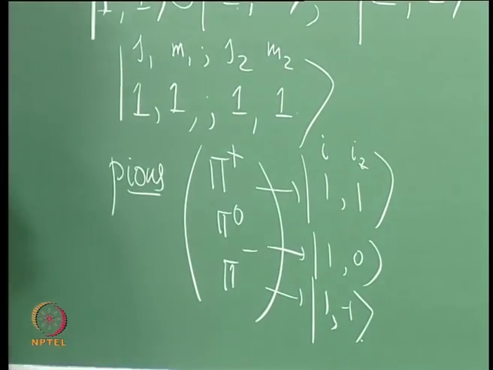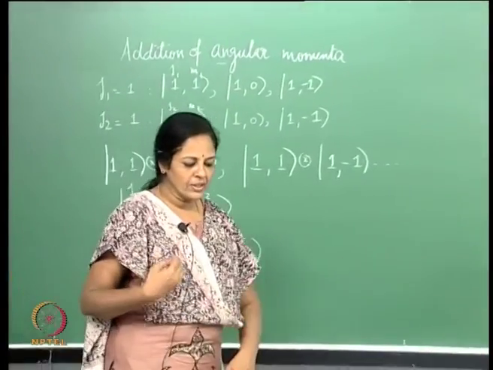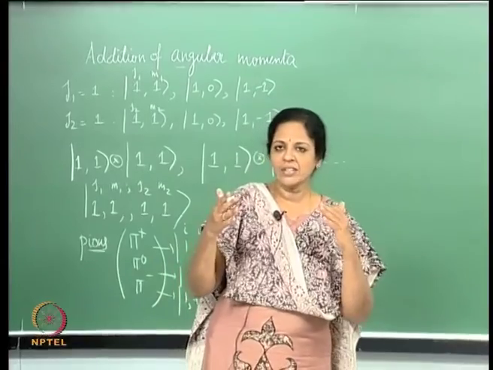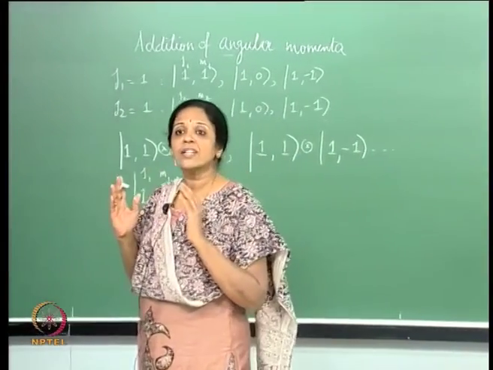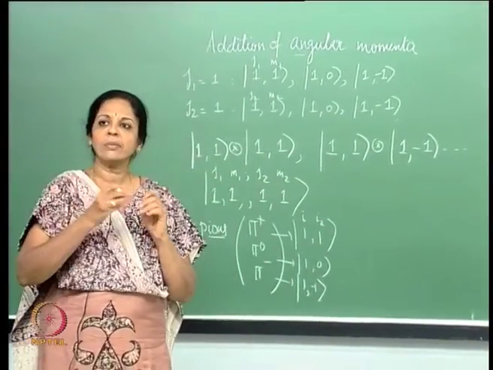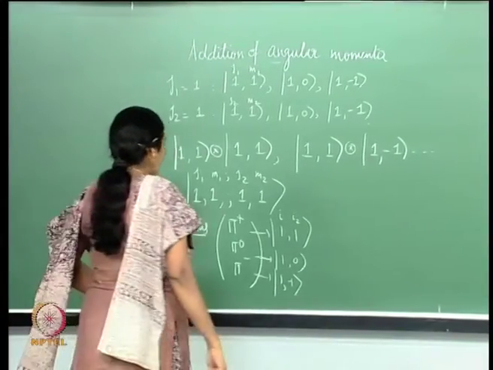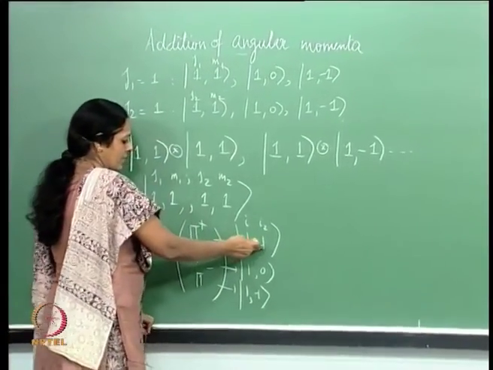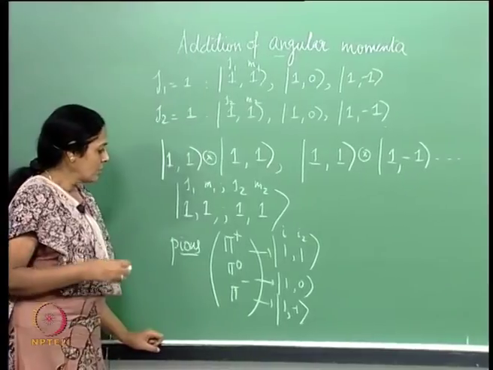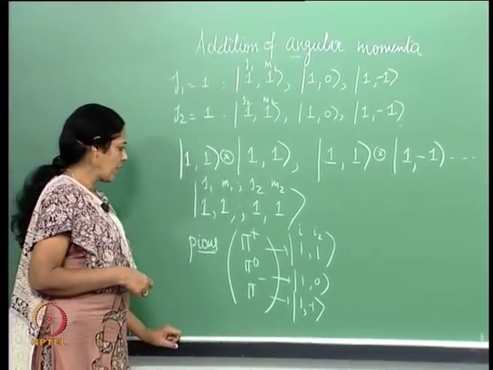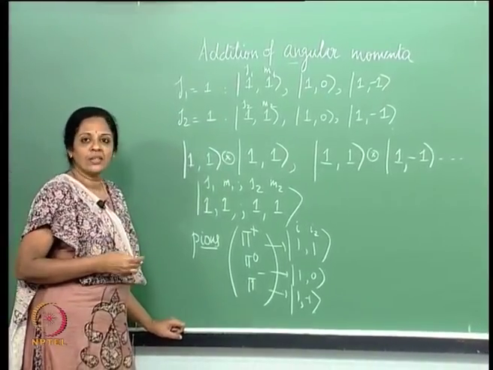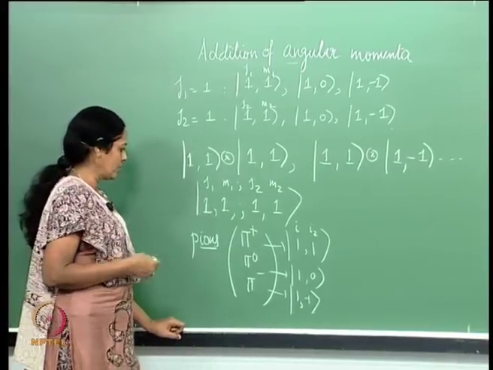So, this forms an isotriplet, and as I have mentioned earlier, every particle is defined by a state which is labeled by a set of quantum numbers, and certainly I and Iz are 2 such quantum numbers which label the state of the particle apart from charge, spin, rest mass and so on.